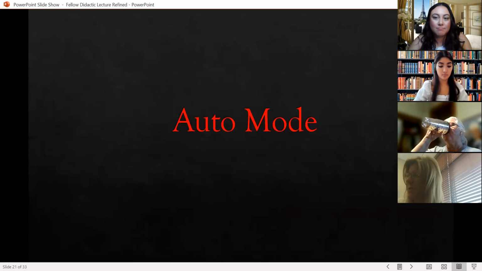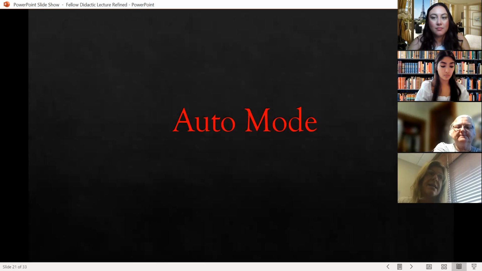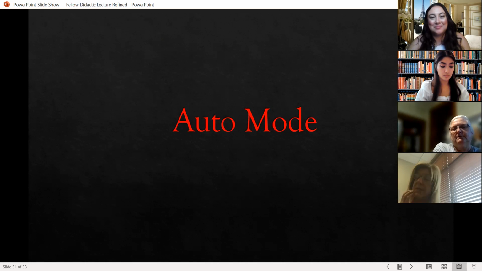Auto mode, you've heard me already reference that. That is definitely wearing the sensor. That is when the pump and the sensor are talking to each other 100% of the time. It is microbolusing for blood sugar readings. So when it reads 180, that pump is going to be trying to give more insulin, versus when it's 100, it's going to be giving less insulin.